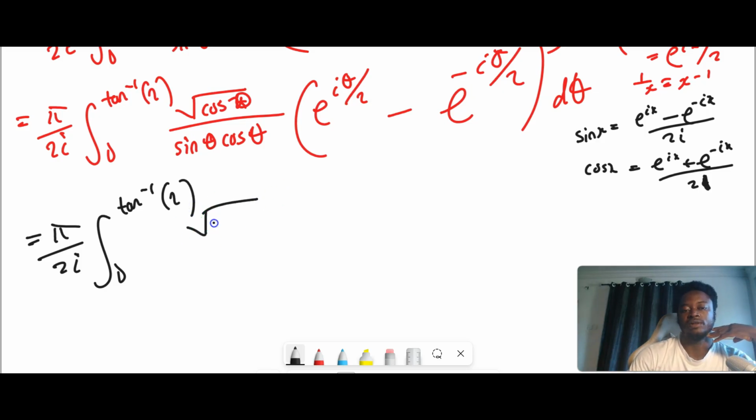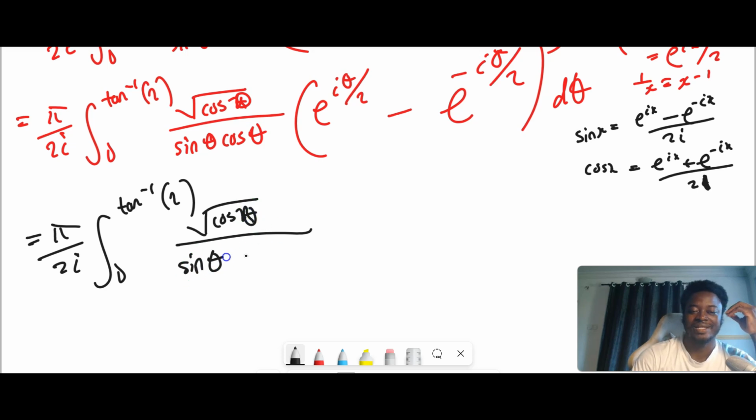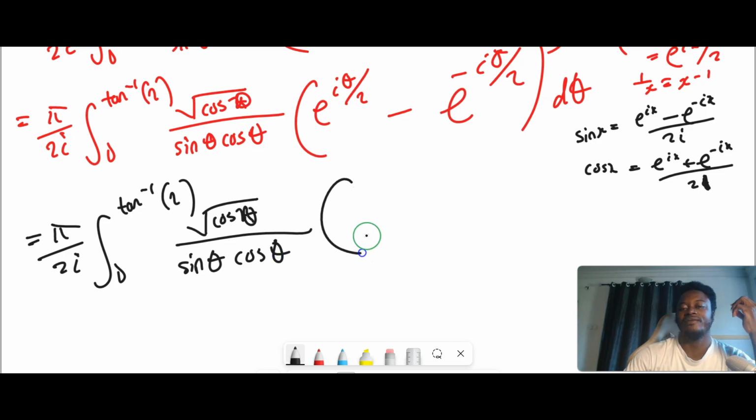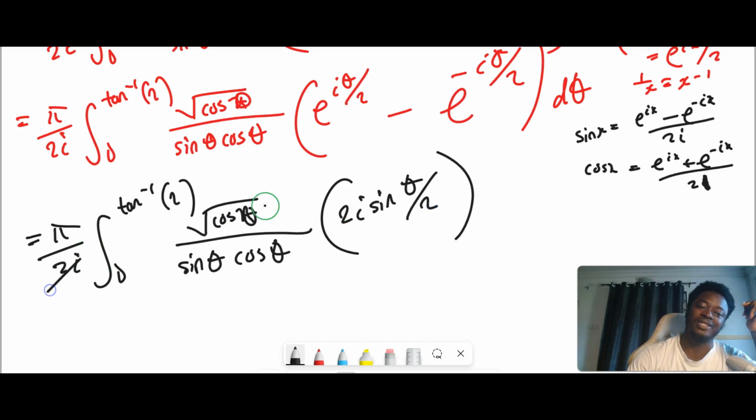Then you have the square root of cosine theta all divided by sine theta cosine theta. Then you have here 2i sine of theta over 2. Of course, now the 2i cancel out finally.